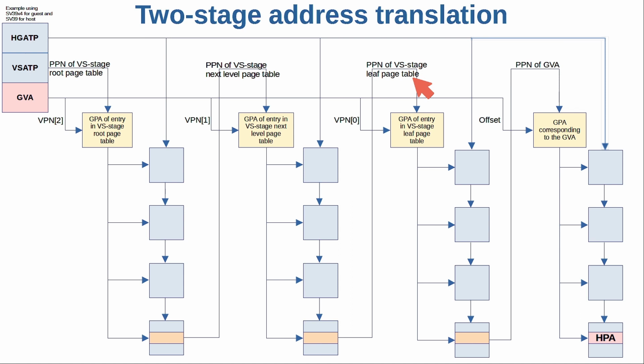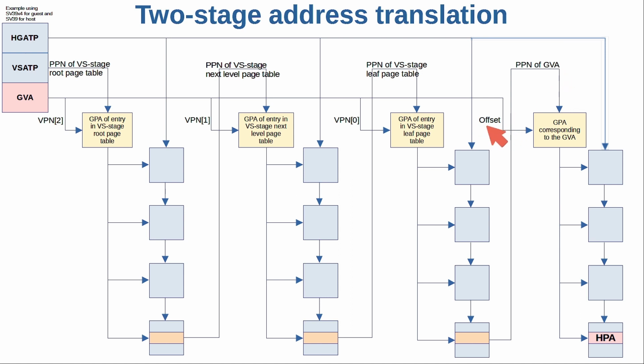And by combining this with the virtual page number, we get the guest physical address of the entry in the VS-stage leaf page table. And again, we plug this GPA inside the G-stage page table. What we get is the physical page number of the guest virtual address.